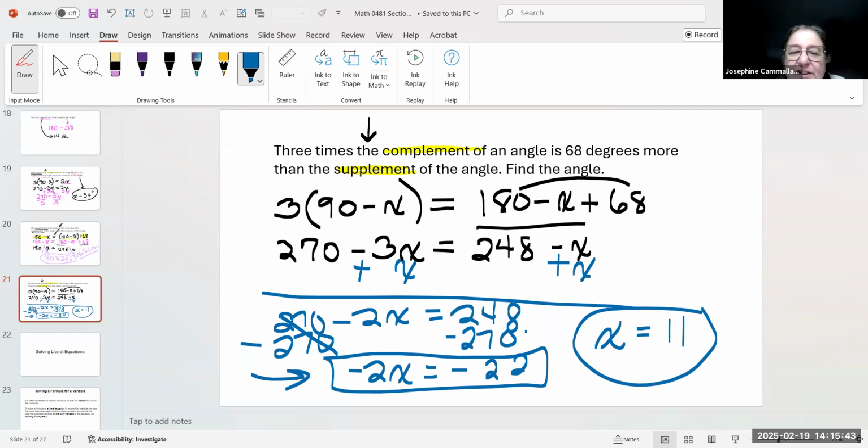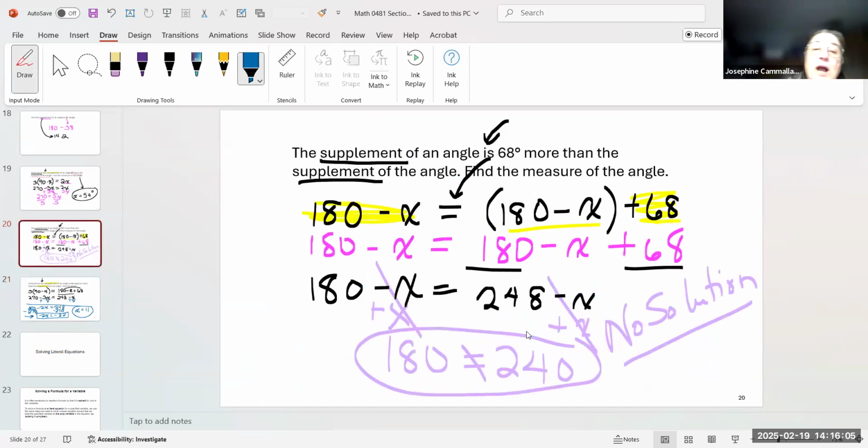Remember, negative divided by negative is positive. So is it possible to do some changes? Yeah. But be aware, you are open to having an equation that has a no solution. But you got to remember how to find it.